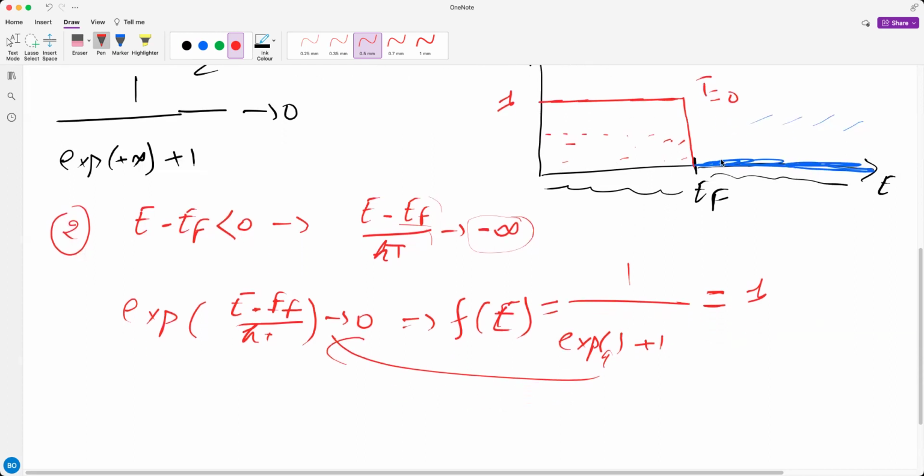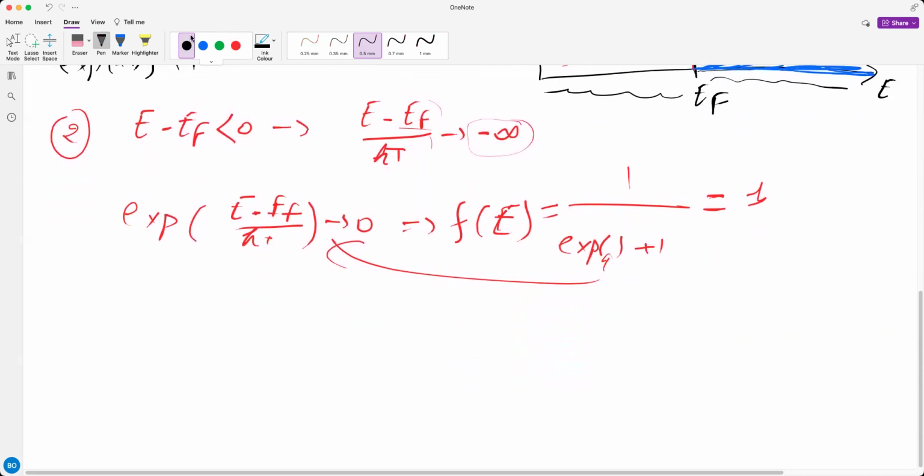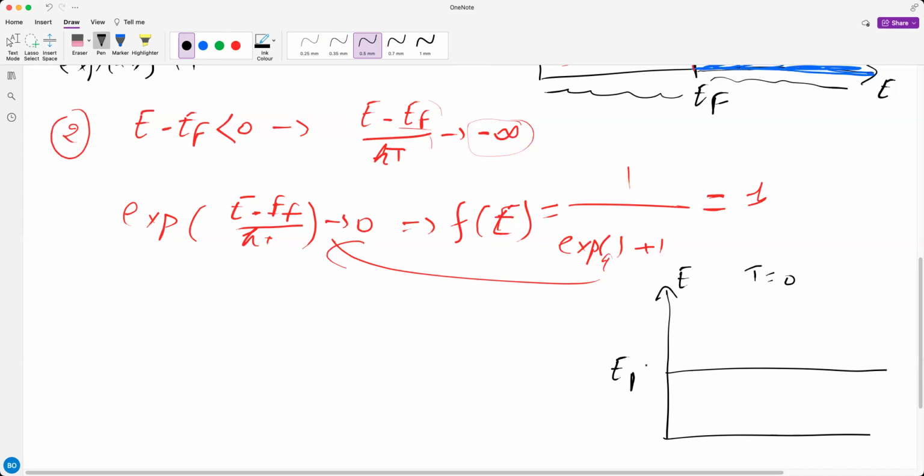In other words, this is exactly what we did, if you remember, 2 days ago. If I take the metal at T equals 0, I told you there is always an energy level below which, at T equals 0, all energy states are occupied. This is the Fermi energy.